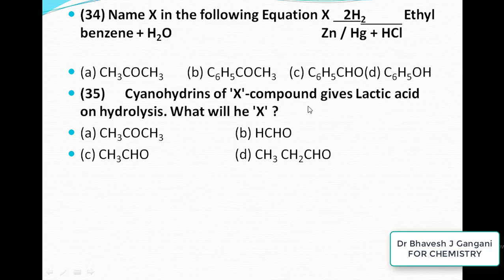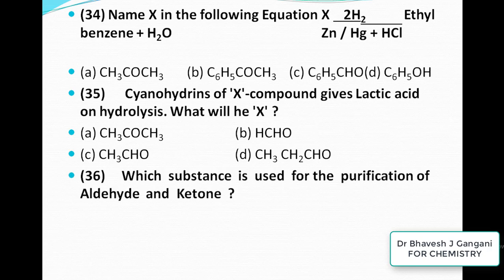So 3 carbon atoms, and HCN will be added during this process. So when addition occurs, total 3 carbon atom containing species should be there. So it will be acetaldehyde. Nucleophilic addition reaction of acetaldehyde with hydrogen cyanide will occur, then we will get cyanohydrin which on hydrolysis gives us lactic acid. So answer of question number 35 is C, acetaldehyde.